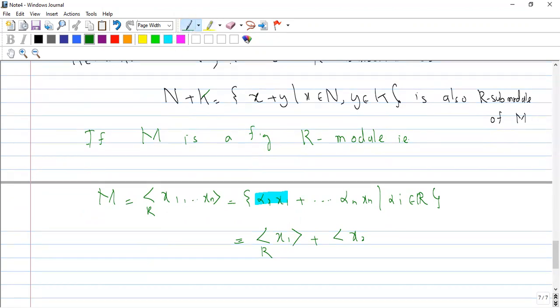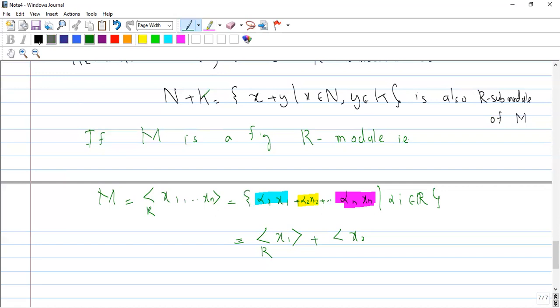The second part, let's say, is alpha 2 x2, it is an element of the cyclic module generated by x2, and the third part would be an element of the cyclic module generated by xn.